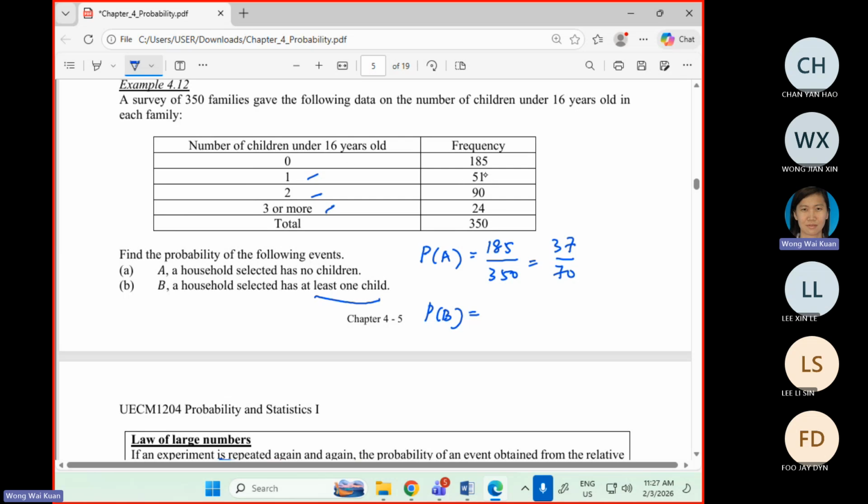So I can either sum all these 3 or I say this is 1 minus the probability of A. So that becomes 33/70.